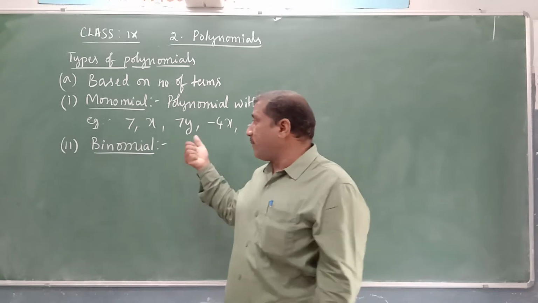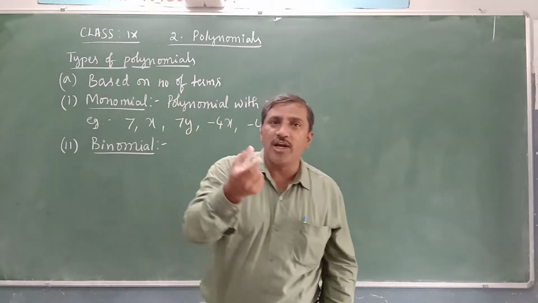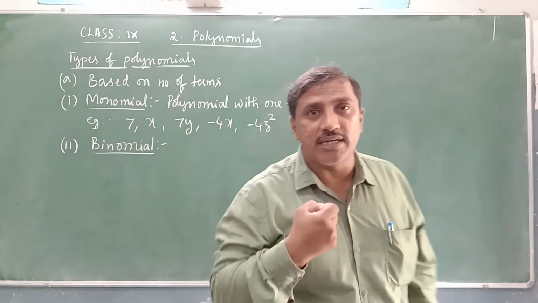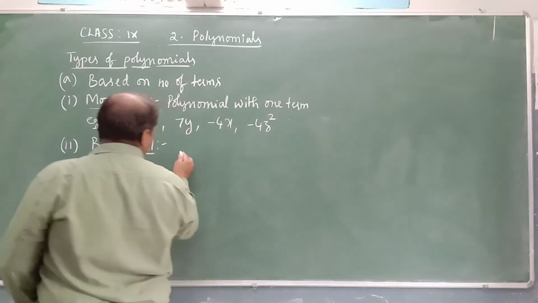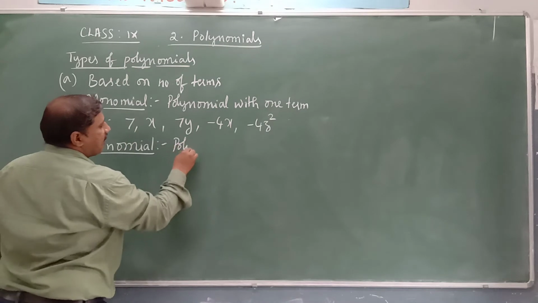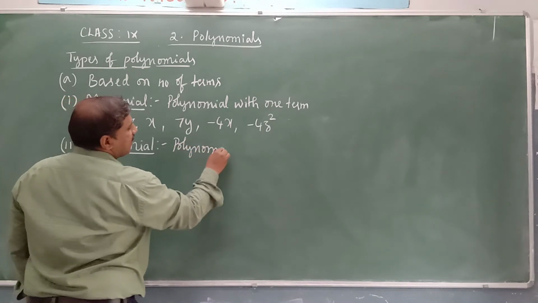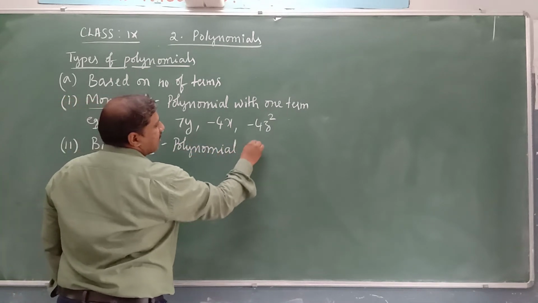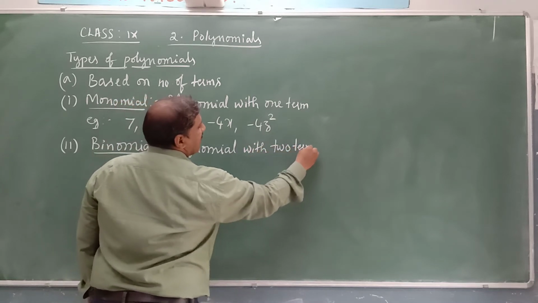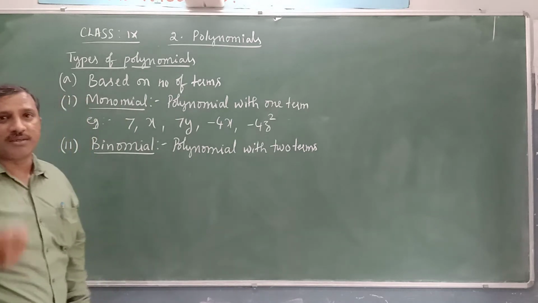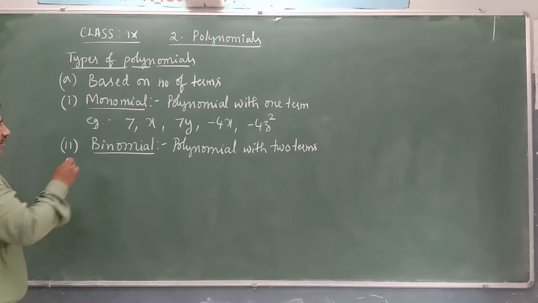So here, bi means two. A polynomial having two terms is known as a binomial. Polynomial with two terms is called a binomial.